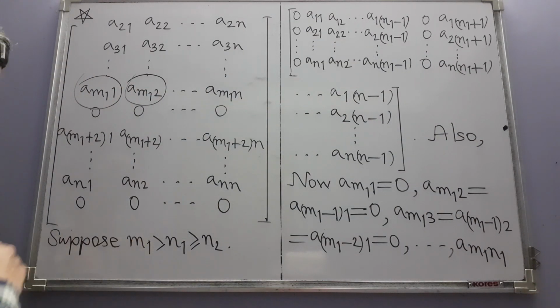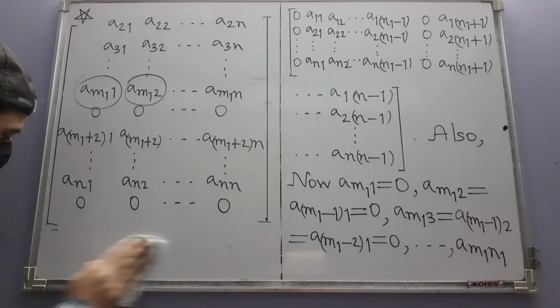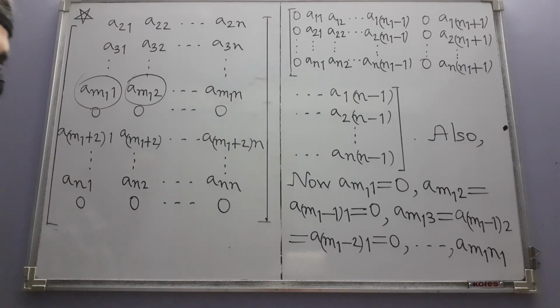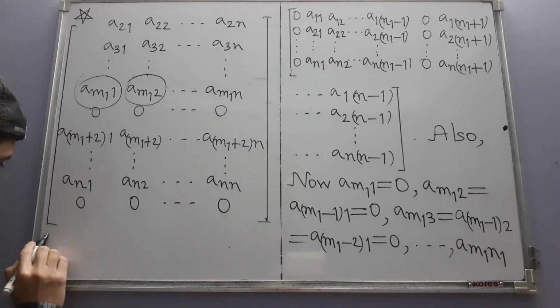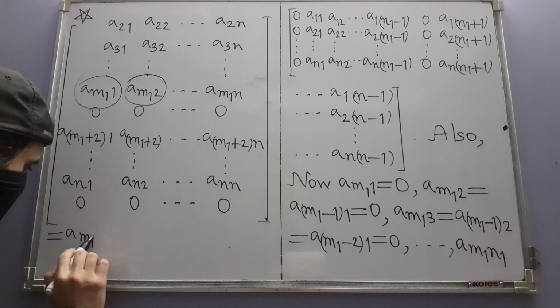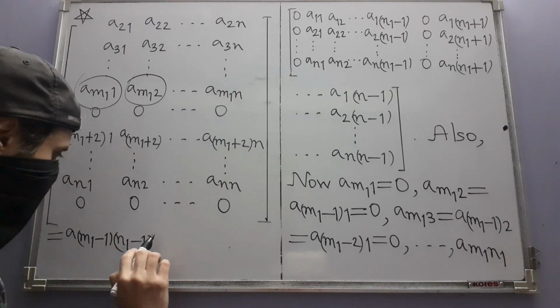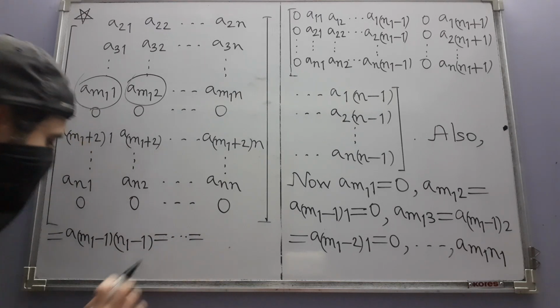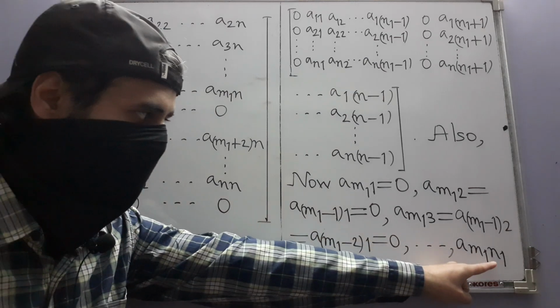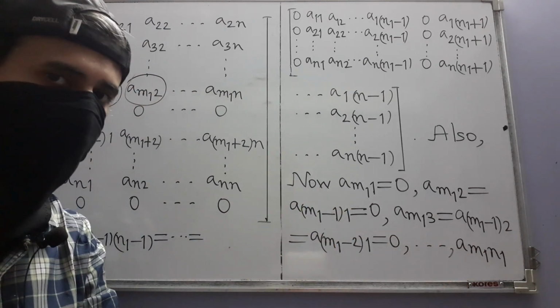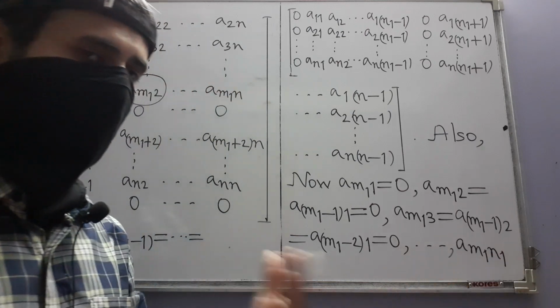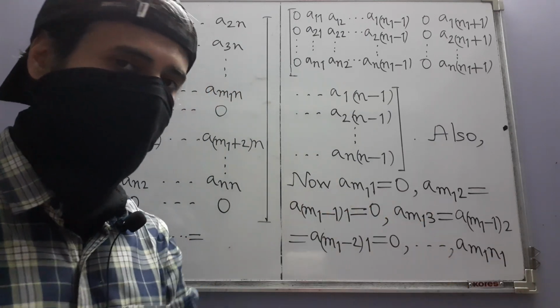Okay, and if you continue your calculation on this side, space is really tight, but we have to manage. Then this is equal to, so you keep reducing each index by 1. First you get A m1 minus 1, n1 minus 1, and like that you keep going. Now if you want to make this n1 into 1 eventually, what do you have to subtract from it? n1 minus 1.